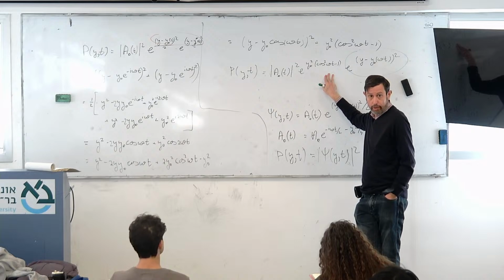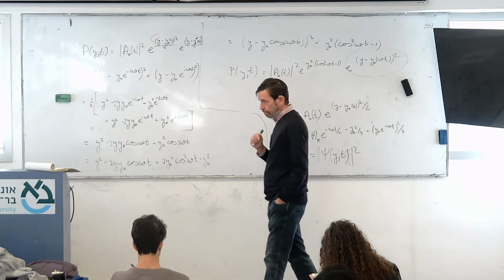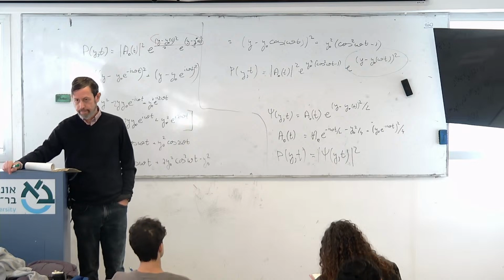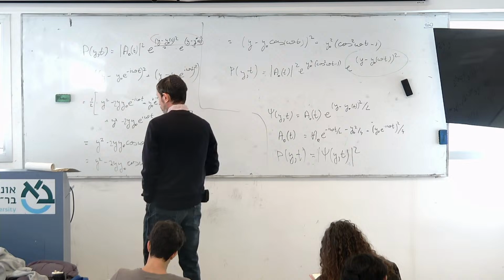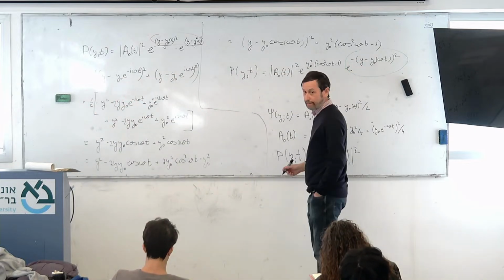Not extremely surprising. But the important thing is that the Gaussian form remains. And someone should have thrown stones at me because this is a minus. It can't be.